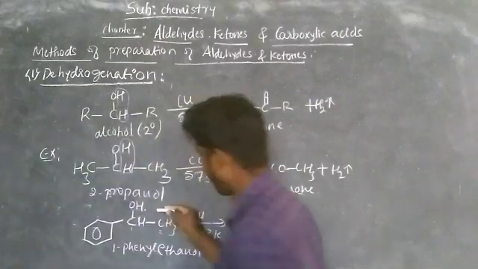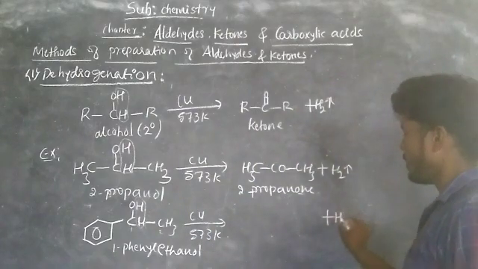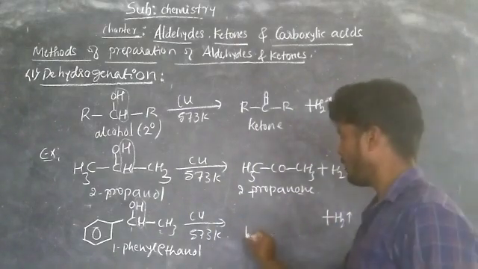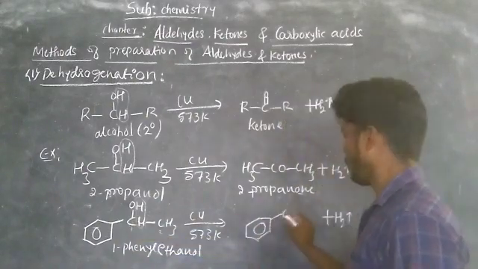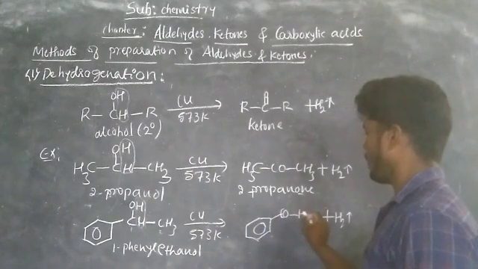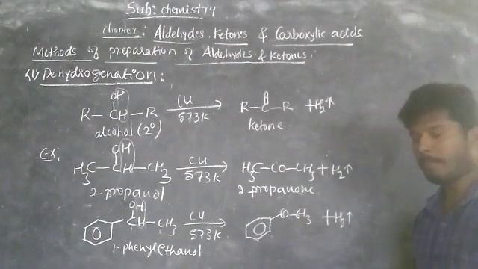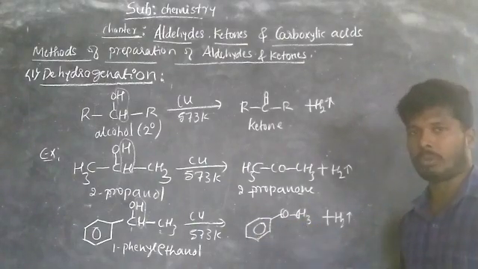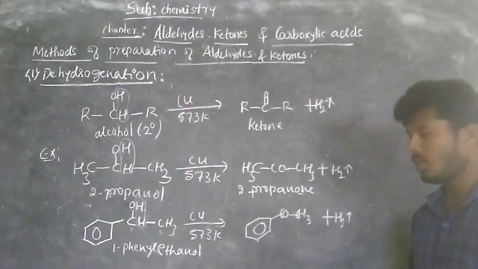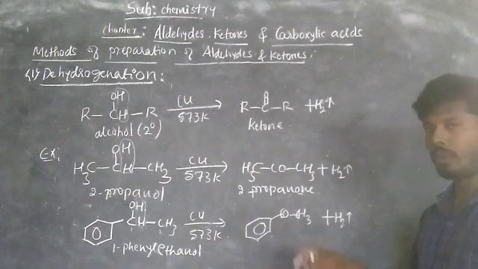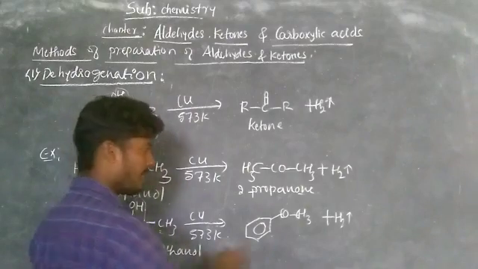What do you get? See, hydrogen and hydrogen become H2 gas, and the remaining is benzene CO CH3. So what is its name? Phenyl methyl ketone, right? In alphabetical order, methyl phenyl ketone, that is called acetophenone. This is the aceto group, this is the benzene group, that is acetophenone.